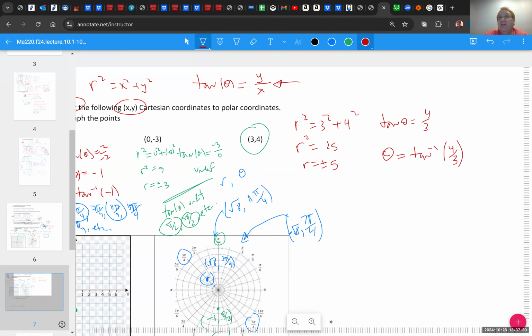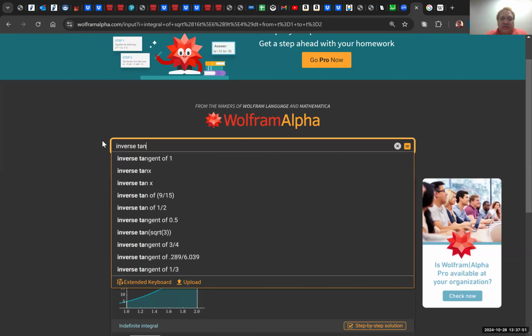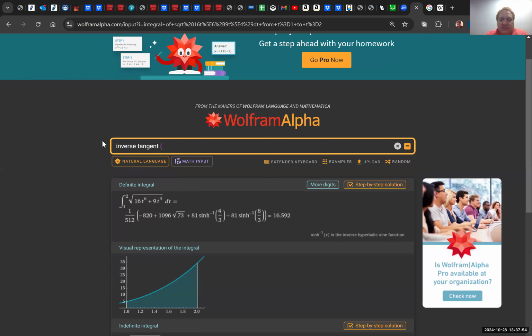Okay, so for inverse tangent of 4 over 3, this is not one of the angles that we ask people to memorize. It's not like 0 or pi over 6 or pi over 4 or pi over 3 or pi over 2. So we're going to use technology to find the inverse tangent of 4 over 3.